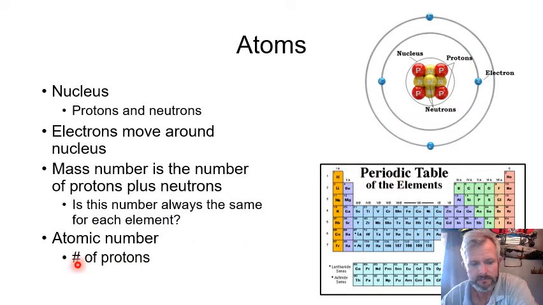It has 1 proton. Helium has 2 protons, an atomic number of 2. And remember, there's an equal amount of electrons in these atoms. So helium has 2 protons, and it's also going to have 2 electrons.